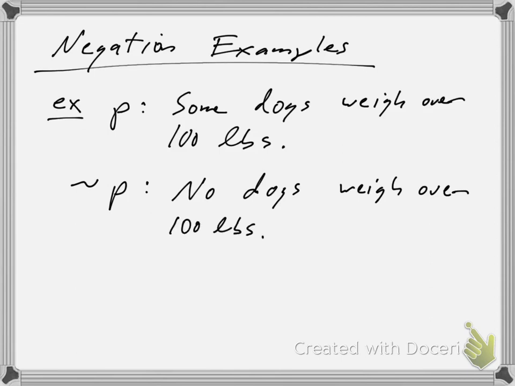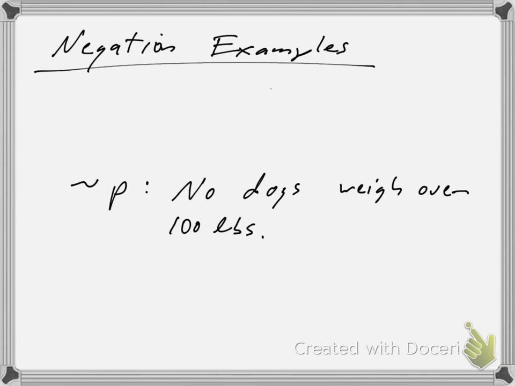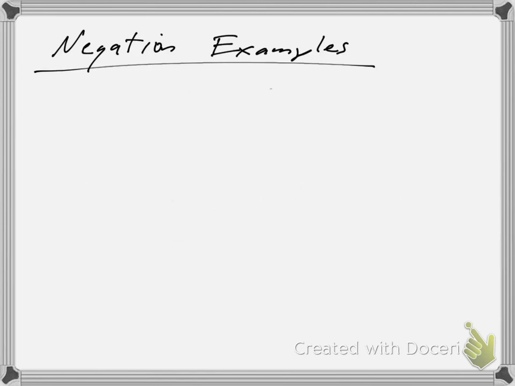The original means that at least one dog weighs over 100 pounds, and the only way to prove that wrong is to show me that no dogs weigh over 100 pounds. When you're negating a statement, you're trying to find a statement that, in a court of law, would prove the other statement false beyond a shadow of a doubt. That's how to negate those two statements.